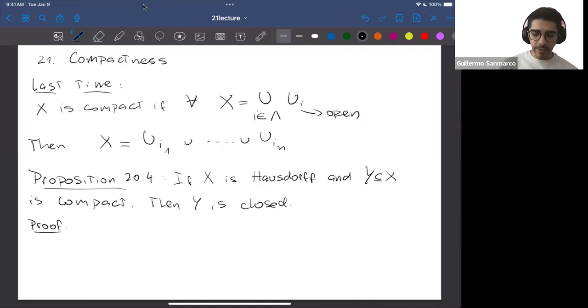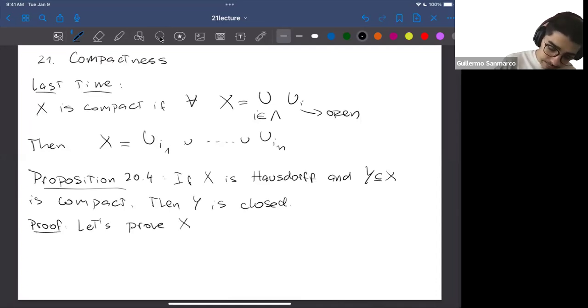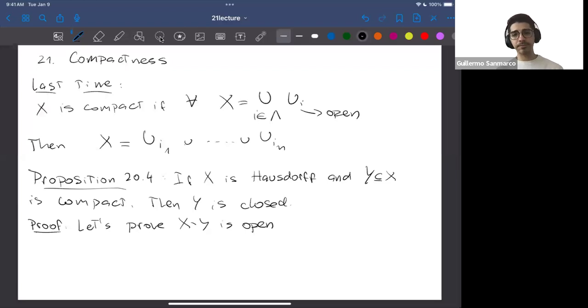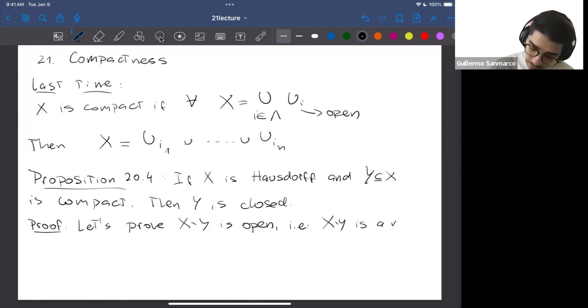Okay, so let's go for a walk here. What's the idea of the proof? Instead of proving that Y is closed, we're going to prove that the complement is open. That's just the definition of being closed, so we're not really doing much here. And what's the meaning of this? What we want to show is X minus Y is a neighborhood of all of its points.